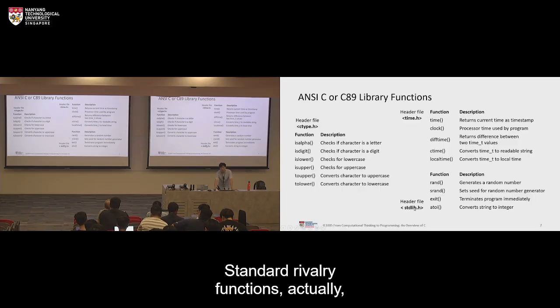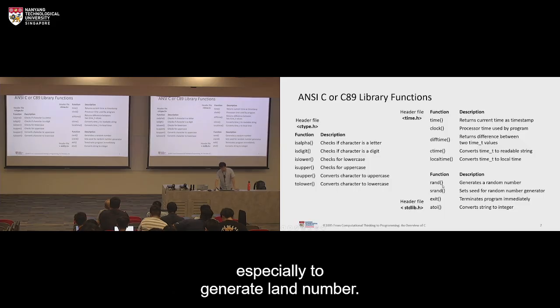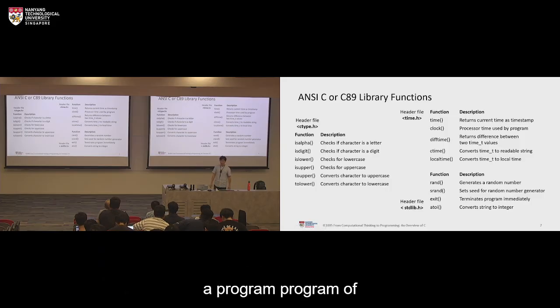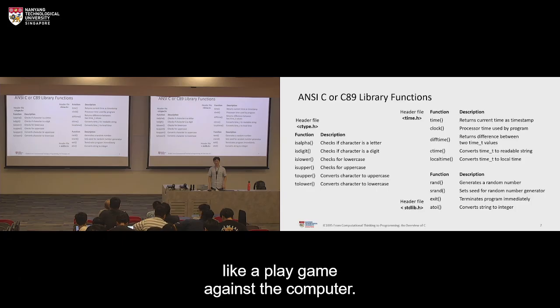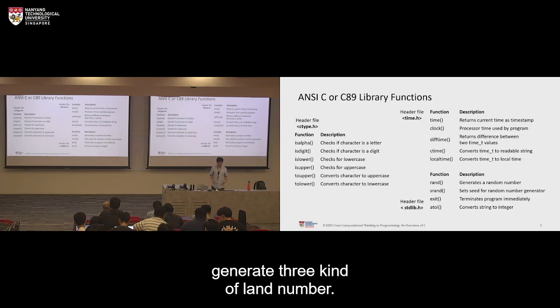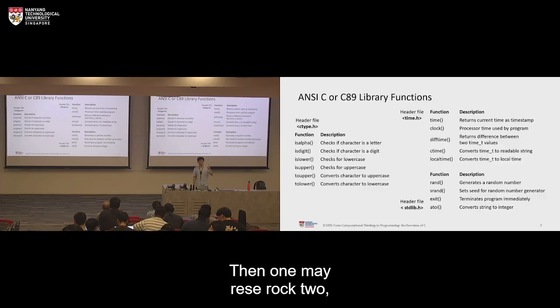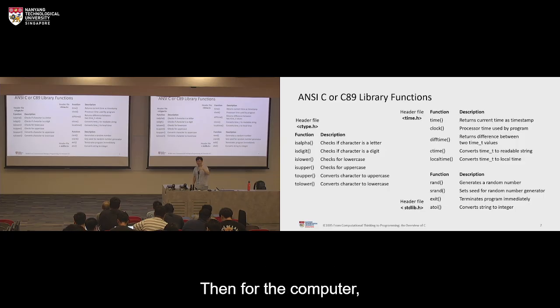Standard library functions, you will use a lot, especially to generate random numbers. For example, you will be asked to make a rock, scissors, paper program, like playing a game against the computer. In that case, you need to generate 3 kinds of random numbers. Let's say you generate a random number between 1 and 3. Then 1 may represent rock, 2 scissors, 3 paper.